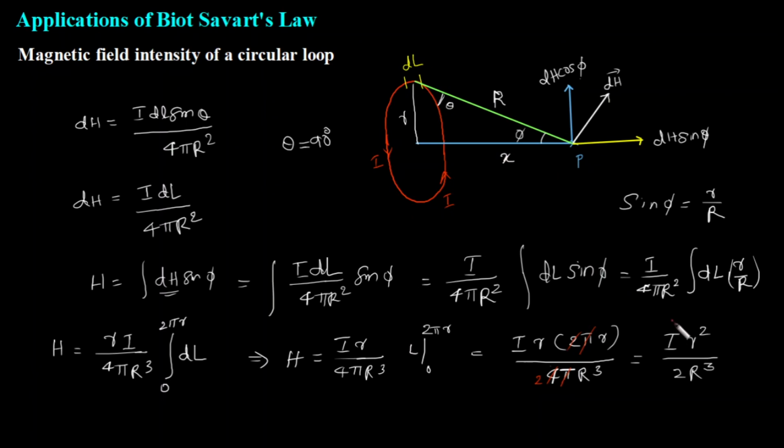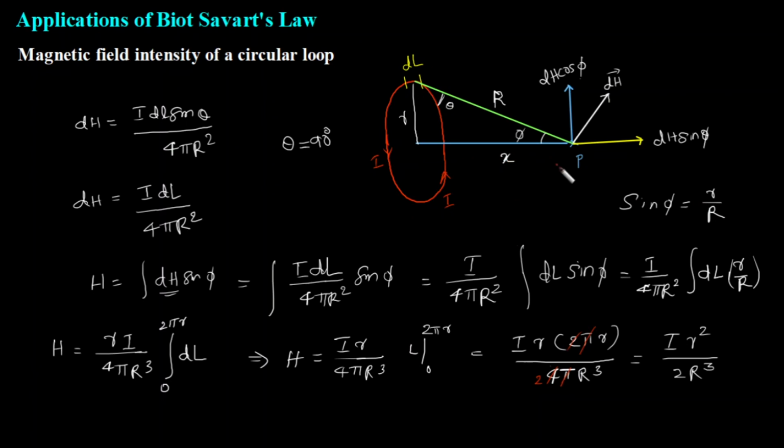So it is better to write R, that is capital R, in terms of x and r. Now this calculation of R is not easy. Why? Because my reference is point P, where I need to calculate the magnetic field intensity. So this distance may be given to you.